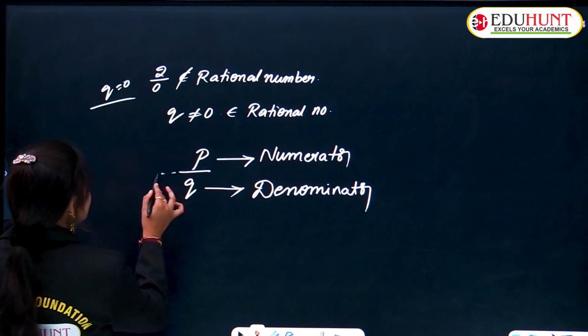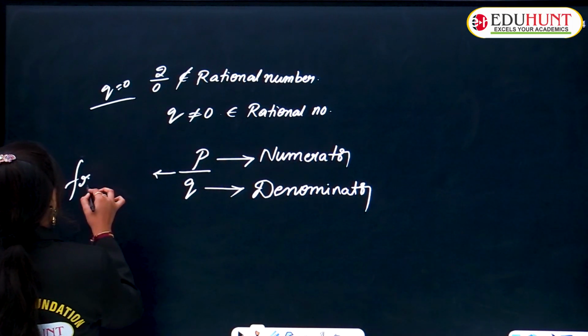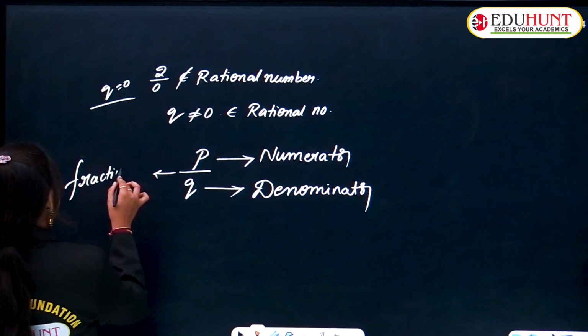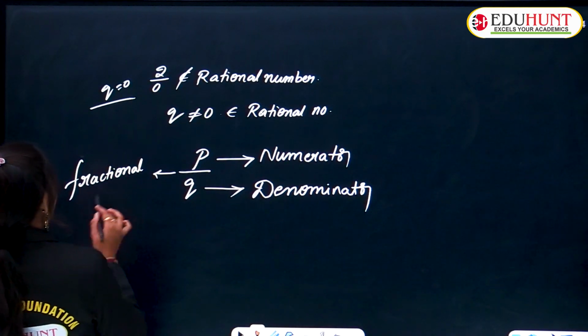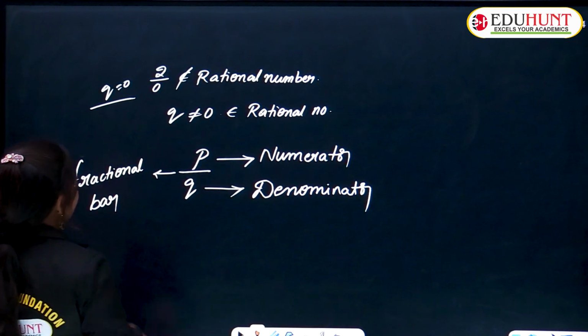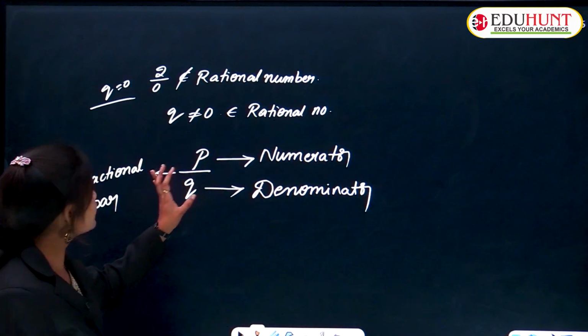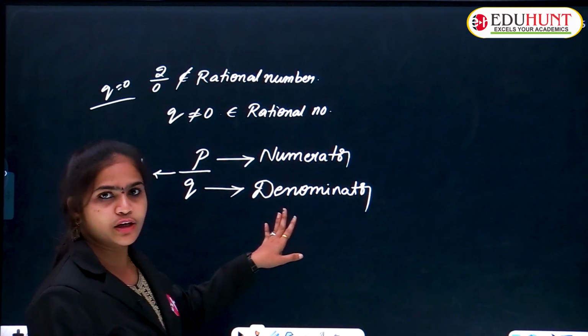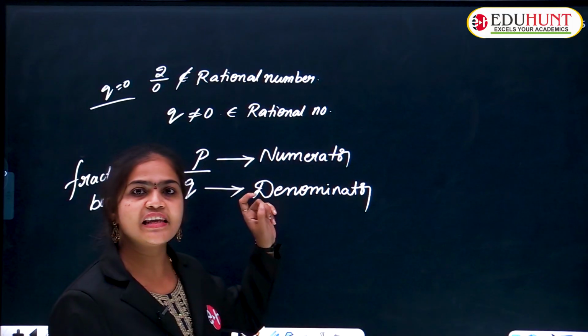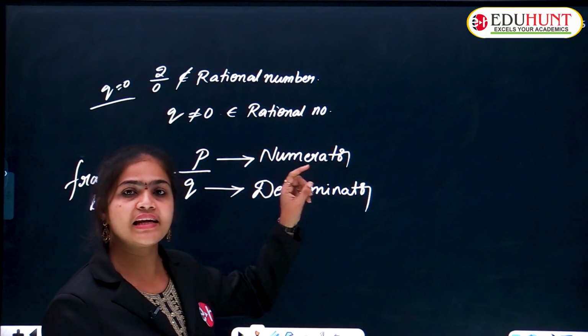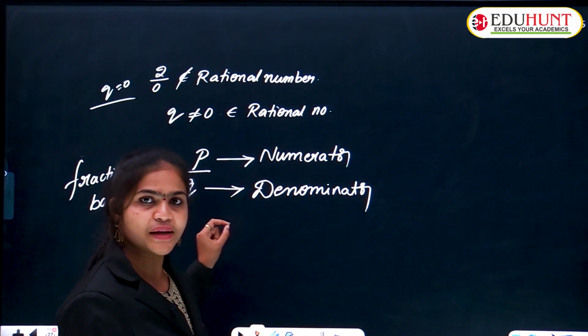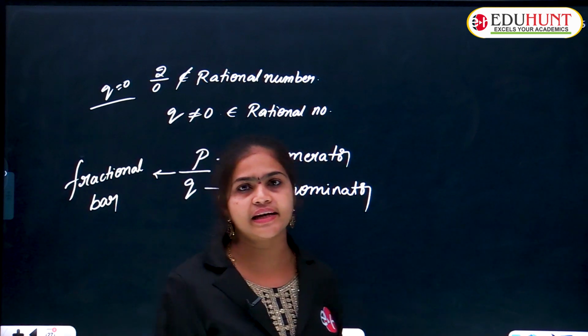And this line is called a fractional bar or vinculum. P is called the numerator, Q is called the denominator. The number at the place of P is called the numerator and the number at the place of Q is called the denominator.